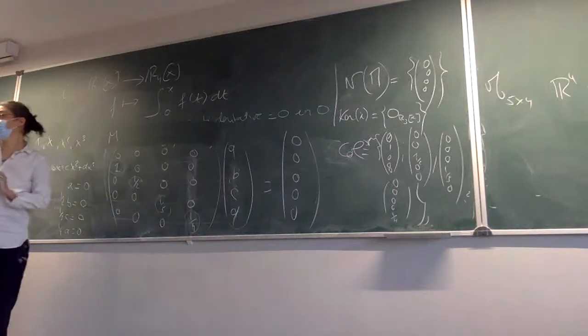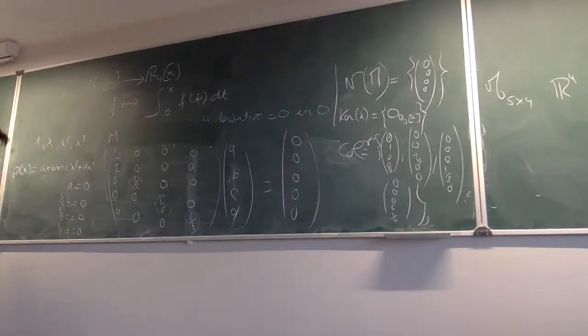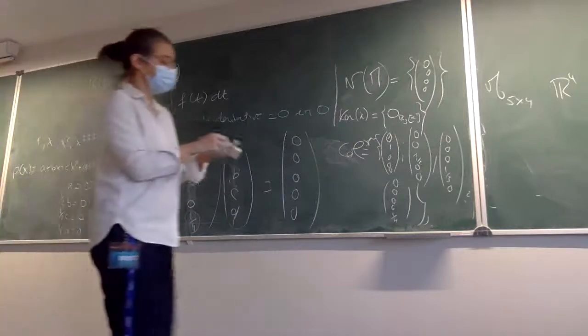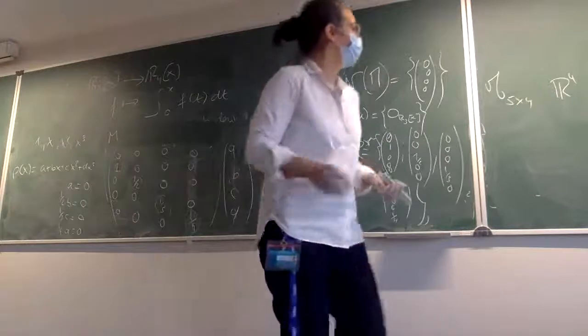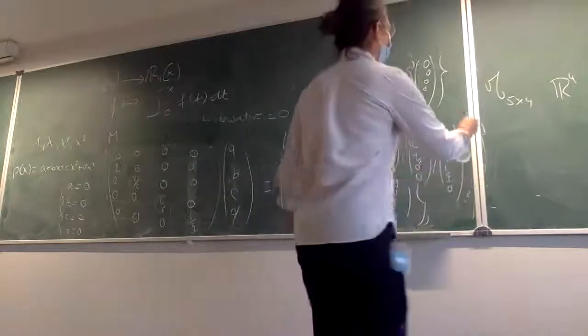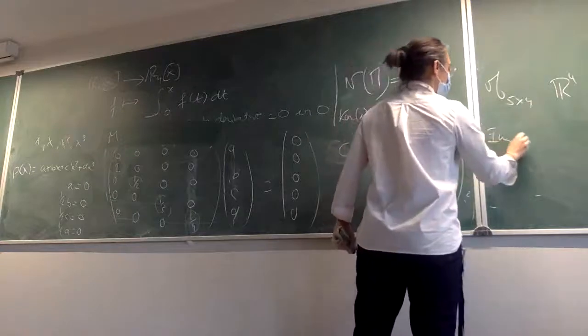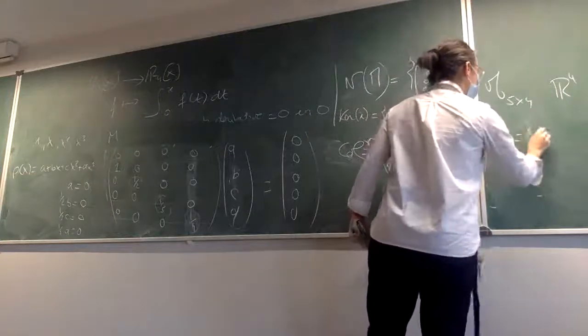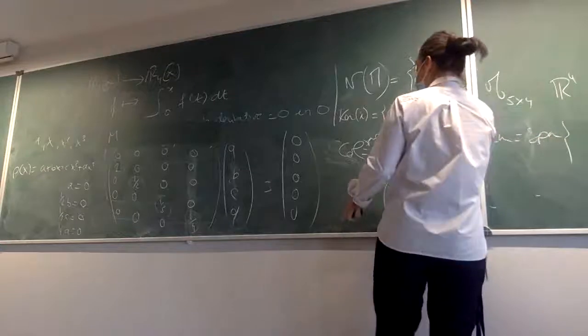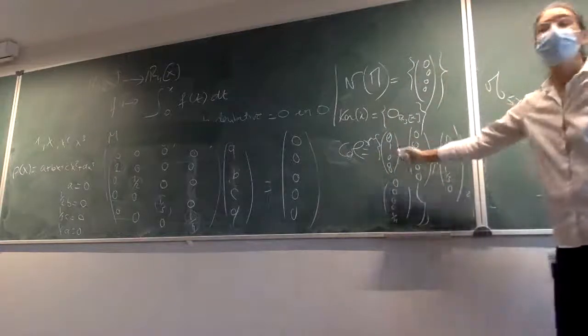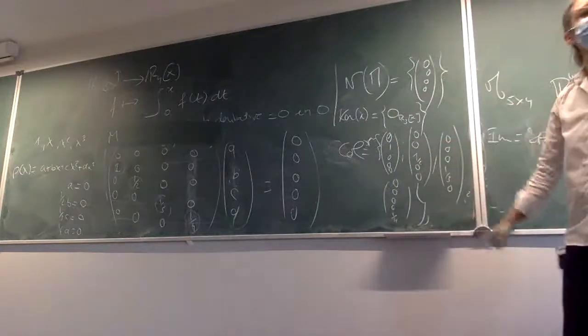I've got 4 pivots, so it has dimension 4. Written with polynomial representation, it's the span of the corresponding polynomials: x, x2, x3, and x4.